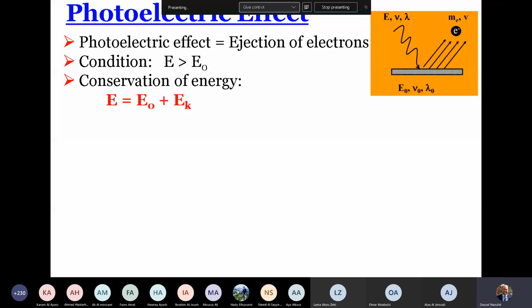So by the principle of conservation of energy, E total is equal to E0 of the metallic piece, the part responsible to remove the electron from the metal, plus E kinetic. So as a conclusion, the total energy of the radiation that strikes a metallic piece is equal to the threshold energy of the metallic piece, which is constant, plus the kinetic energy of the electron ejected.